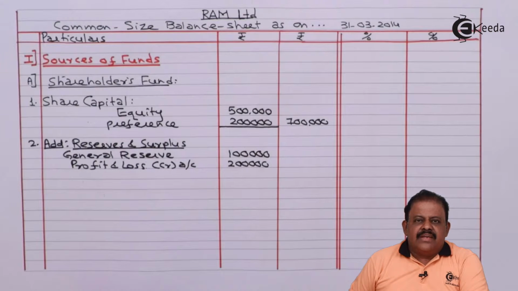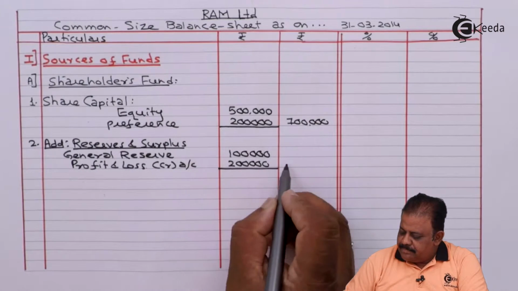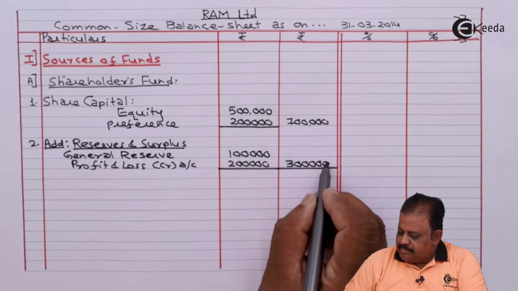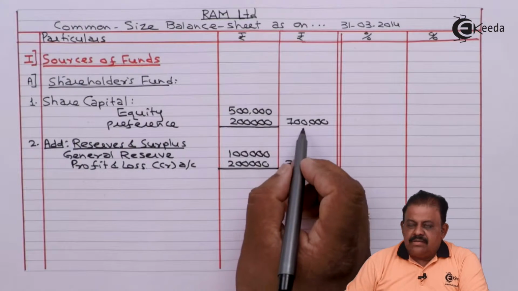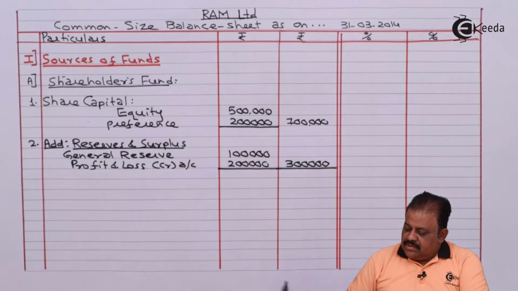Total reserves 3 lakhs. Share capital 7 lakhs plus reserves and surplus 3 lakhs. Total will be 10 lakhs.